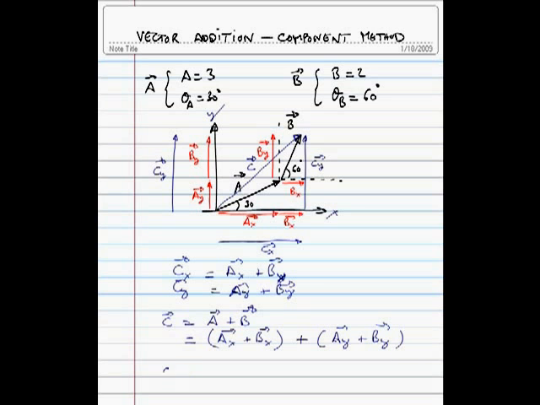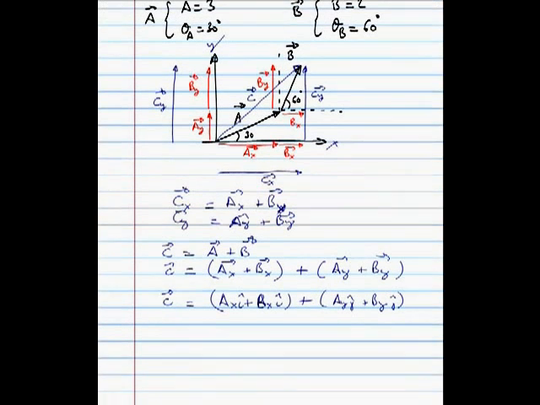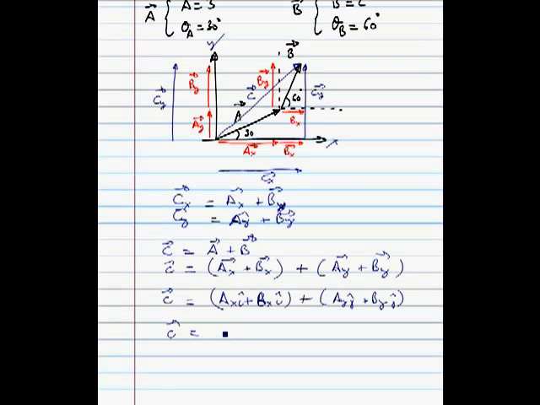In other words, since ax and bx are along the same direction, I can extract the unit vector i, because ax is ax times i, bx is bx times i. Similarly, ay is ay j plus by j. Therefore, c is equal to (ax plus bx) i plus (ay plus by) j.